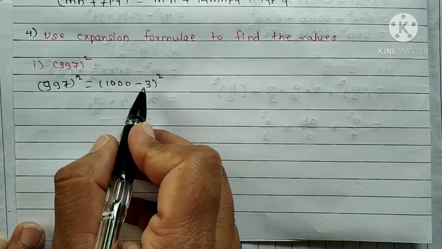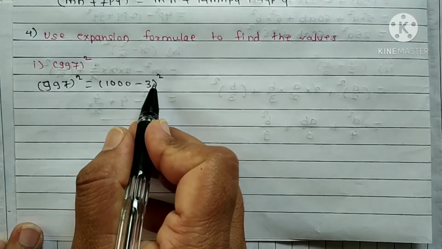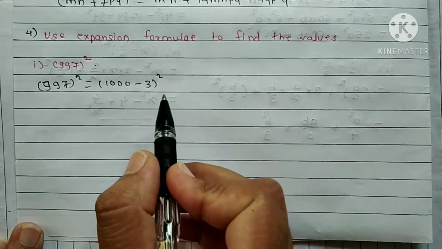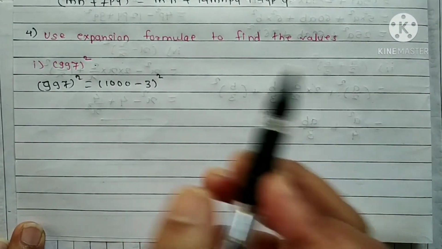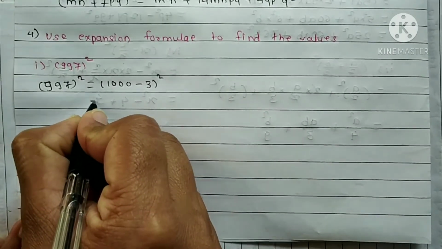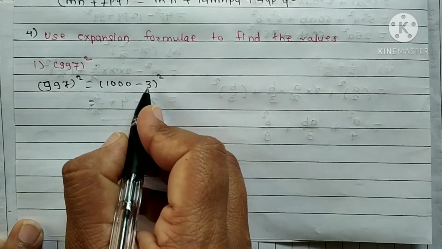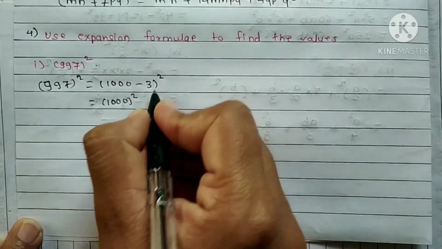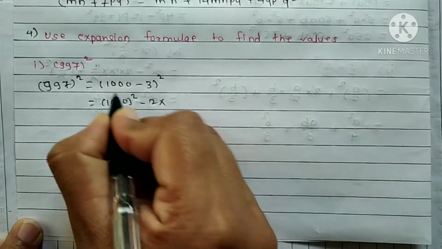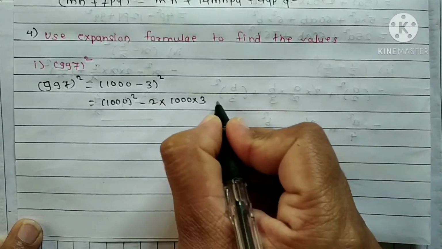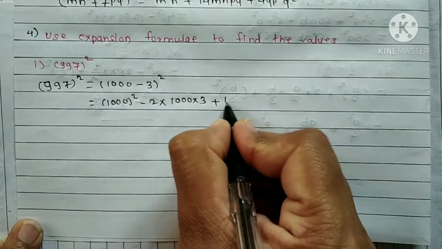Now this is in the form (a minus b) whole square, and you know the expansion of (a minus b) whole square: a square minus 2 into ab plus b square. So here a is 1000 and b is 3. So 1000 square minus 2 into a into b, that is 1000 into 3, plus b square, that is 3 square.